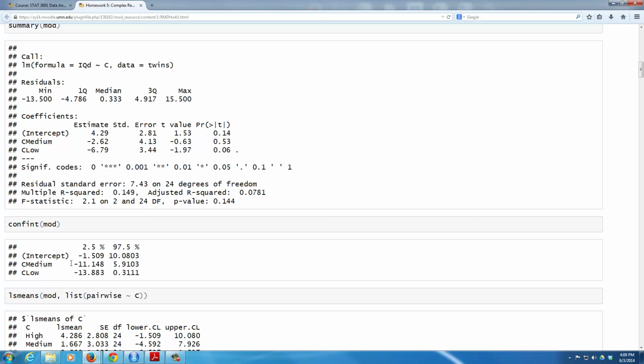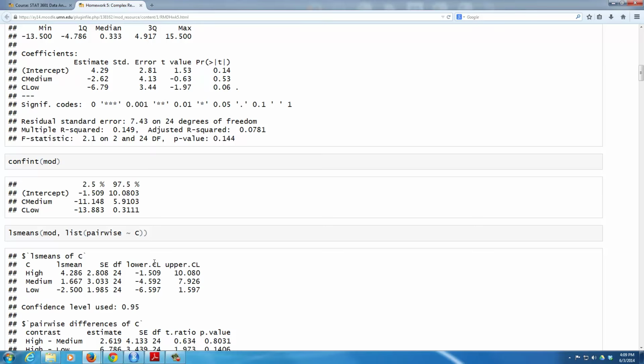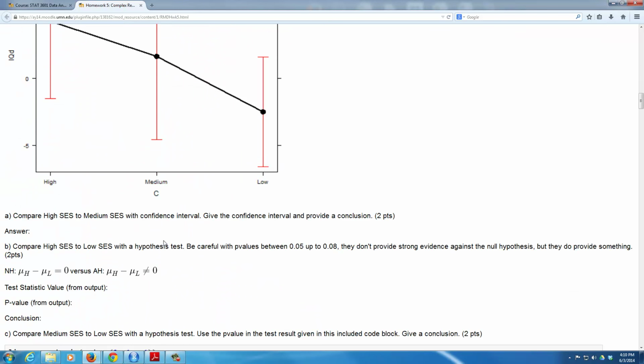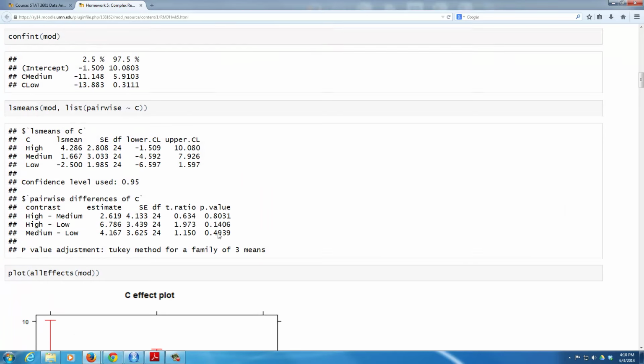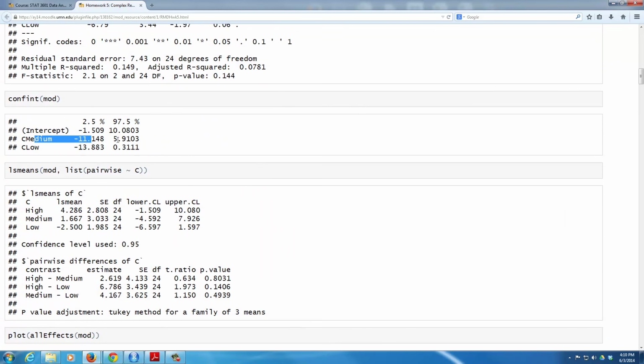What's being presented here is the boundaries for medium minus high. So make sure that when you use your confidence interval in your answer, you use the appropriate one, and do not simply copy this one.